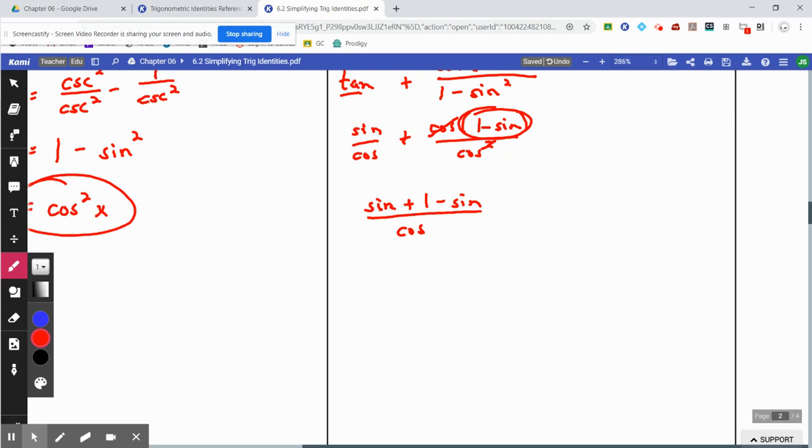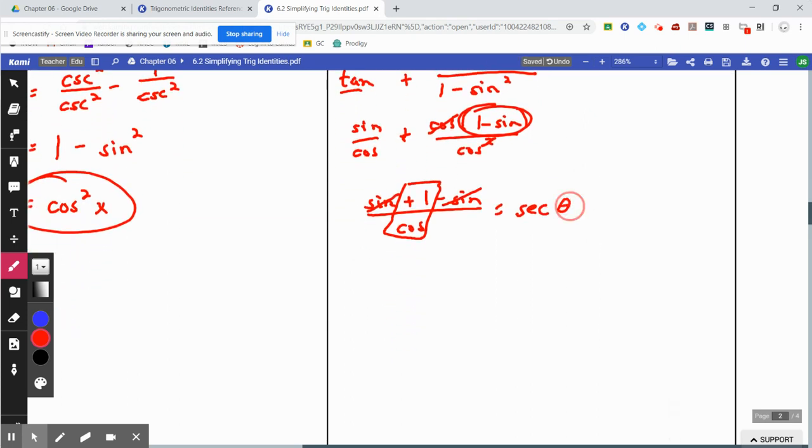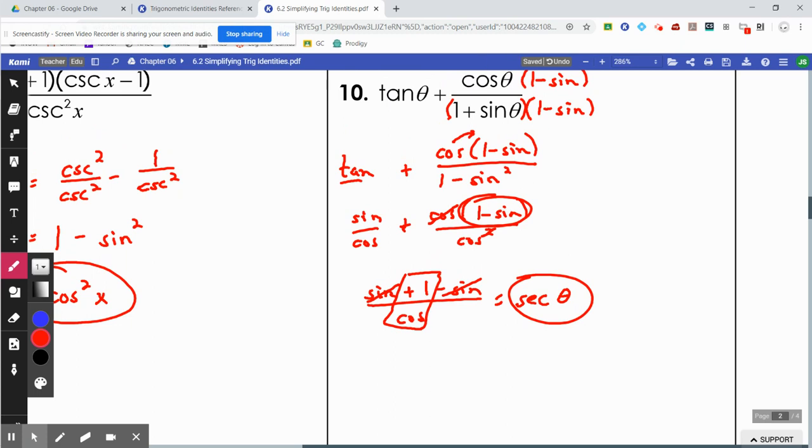And I no longer need parentheses because there's nothing in front of it being multiplied. This sine and this negative sign cancel and leave you with 1 over cosine, which we know is secant of theta. So anytime you have a 1 plus sine, 1 plus tangent, 1 minus sine, 1 minus cosine, you can use this trick to turn it into something simpler by using its conjugate.